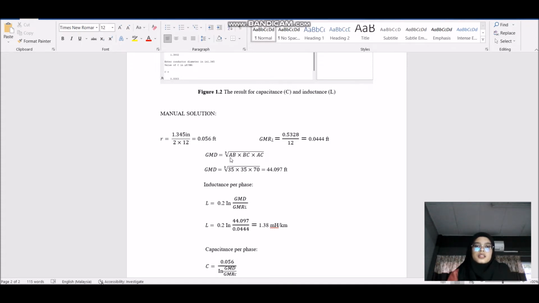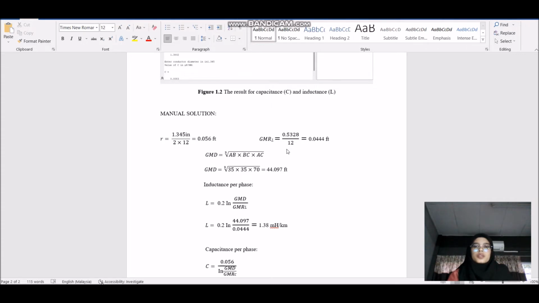This is the distance in figure 1. We just put the values in the cube root of 35 times 35 times 70, and the answer is 44.097 feet.